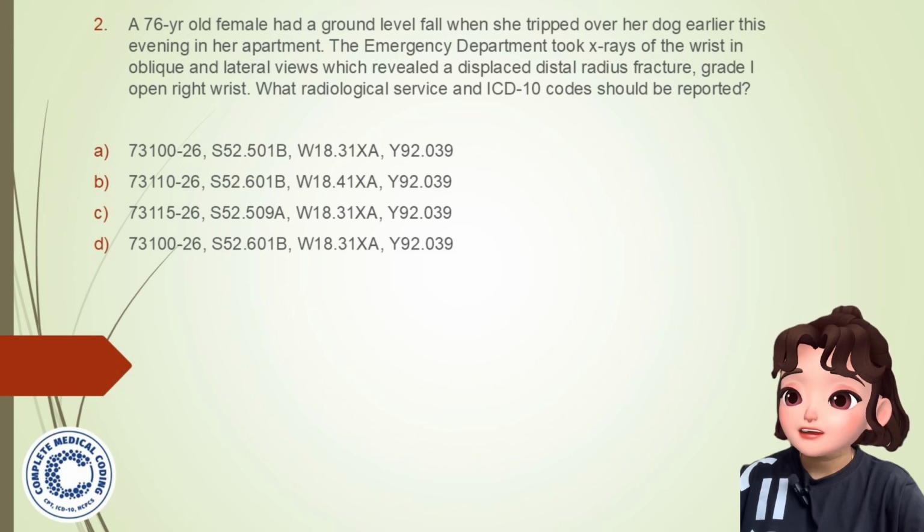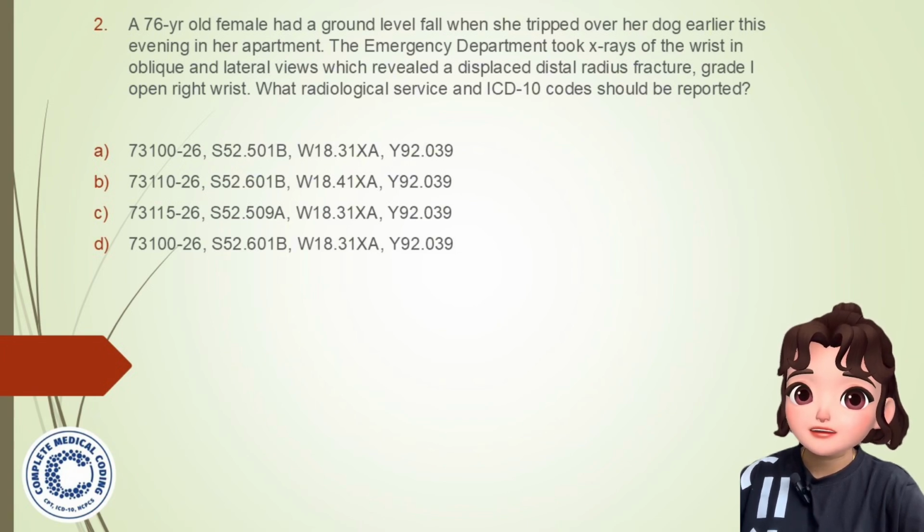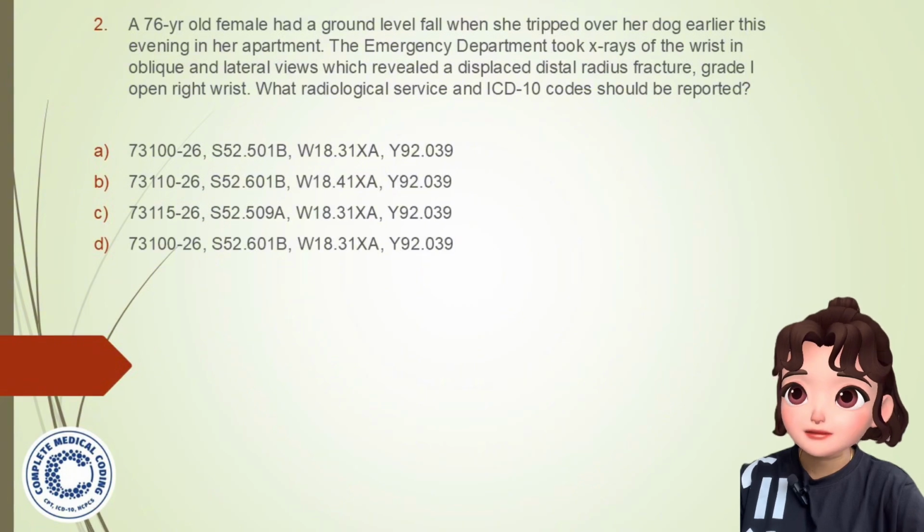S52.502 is unspecified fracture of the left radius, so we need the right one. I'm just explaining the other codes also. If it is S52.509, it means fracture of lower end of unspecified radius. If nothing is mentioned in the question, you will code it as unspecified. But since right radius is already mentioned, you will use the code S52.501.